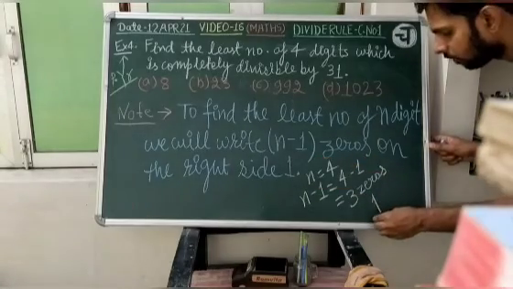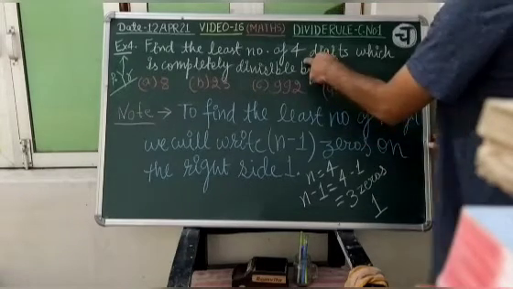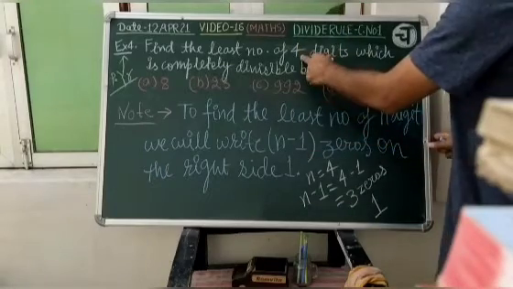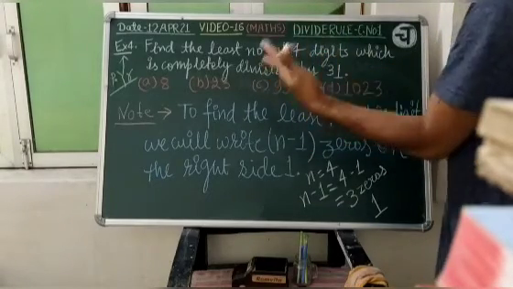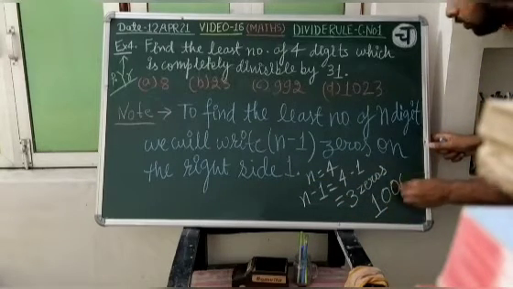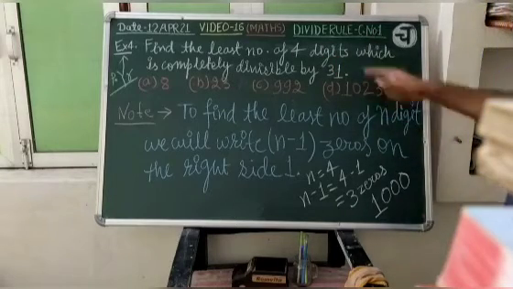We select 1 and one less digit count, 3 zeros, on the right side of 1 to find the least number of 4 digits.